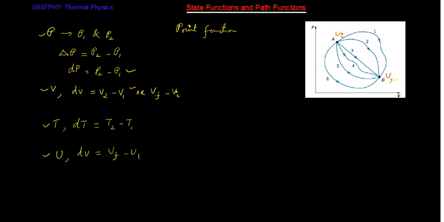Now if somebody wants to find out the change in internal energy of the system between the initial state A and the final state B, it has got only one answer, that is dU or delta U is equal to the final value of internal energy, that is Uf which is at B, minus the initial value of internal energy, that is Ui which is at A. Even though there are a large number of possible paths along which the system may move from A to B, whenever you are calculating the change in internal energy of the system, you need not consider the various possible paths.